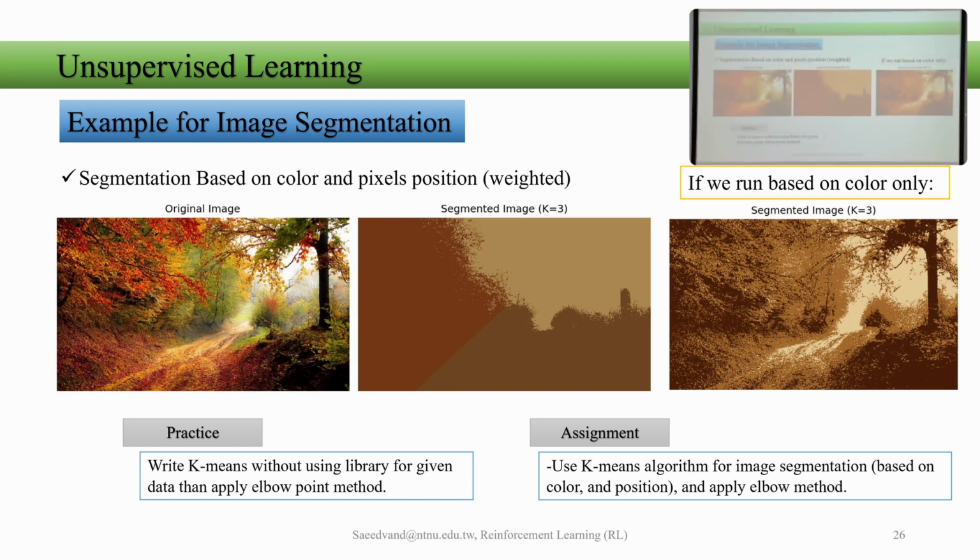So for today you have a practice. You need to write k-means without using a library for given data, to apply the elbow point method, to understand the concept. I will show you how to implement it with a library. I have it without a library too, I can show you that. I did it many times, but for practice, to make sure you understand the concept, you should do it one time. And as an assignment, you can apply the k-means algorithm for image segmentation, something similar to what I did, based on color and position, and apply the elbow method.